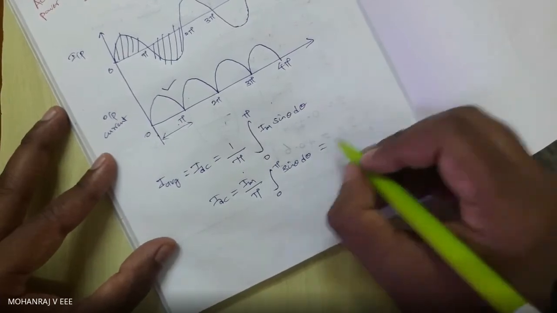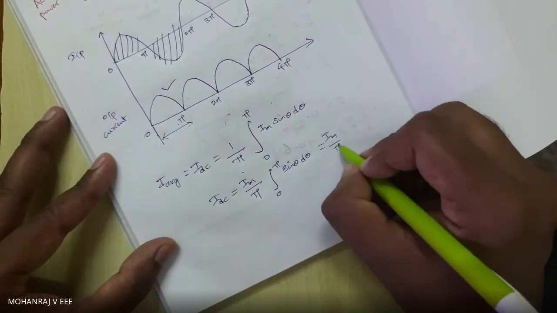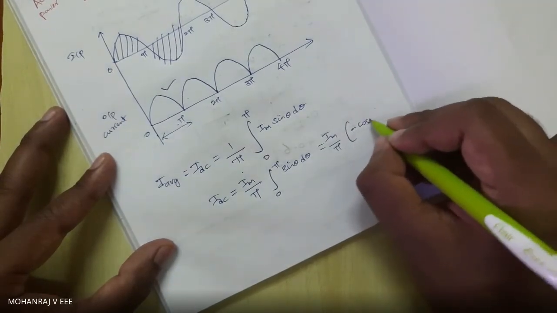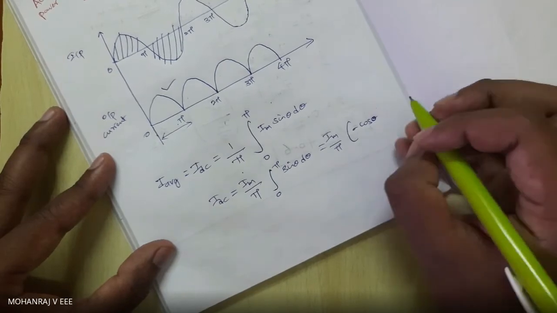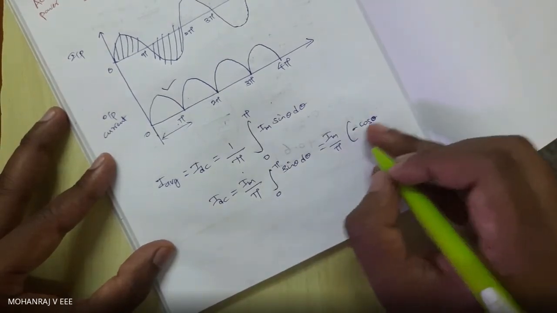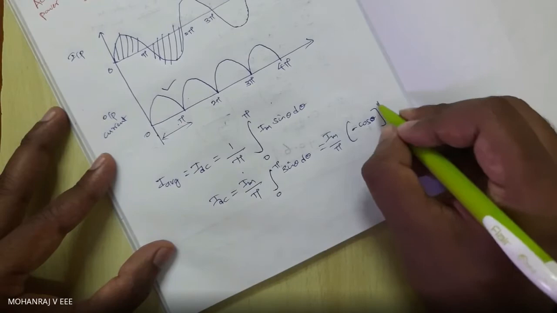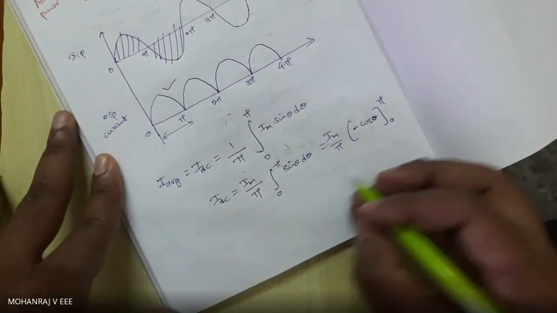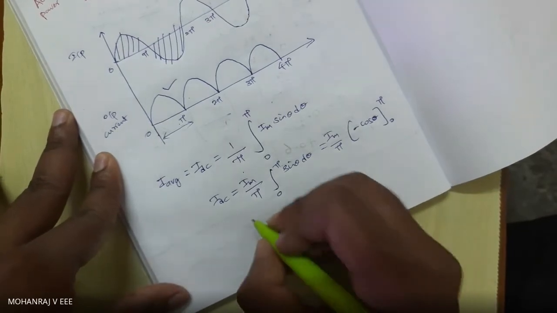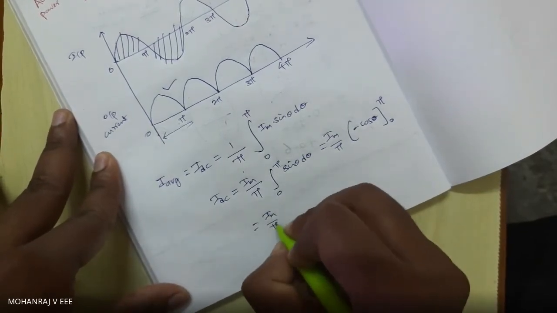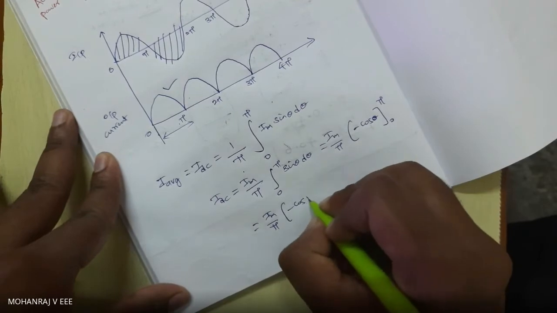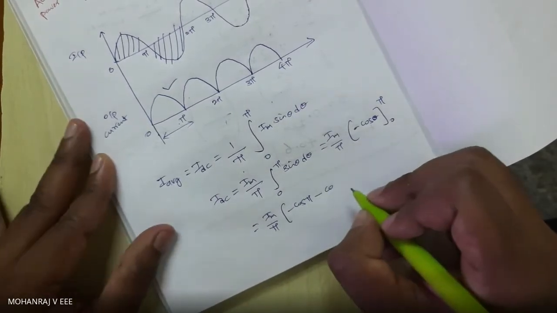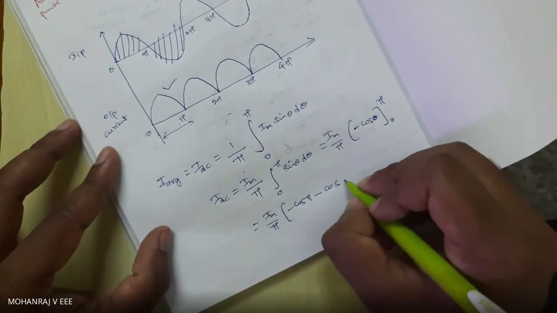So that is equal to Im by pi minus cos theta. If you integrate sin theta, you will get minus cos theta, 0 to pi. So this will give Im by pi, minus cos pi minus of cos 0.